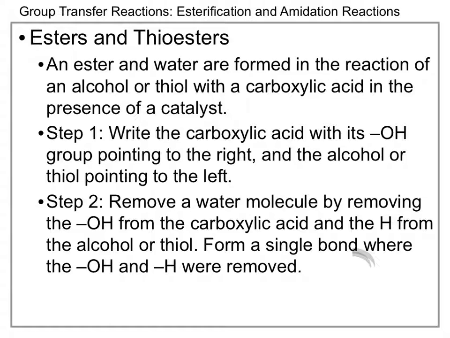And so in writing these reactions, for esters and thioesters, we're going to first write the carboxylic acid with its OH group pointing to the right, and the alcohol or the thiol pointing to the left. We'll then remove a water molecule by removing the OH from the carboxylic acid and the H from the alcohol or thiol. And we'll form a single bond where the OH and H were removed.